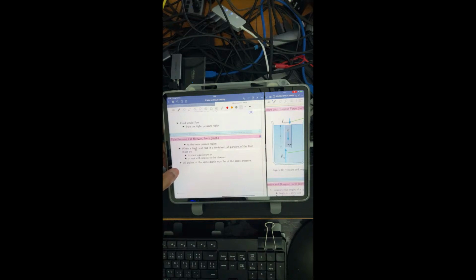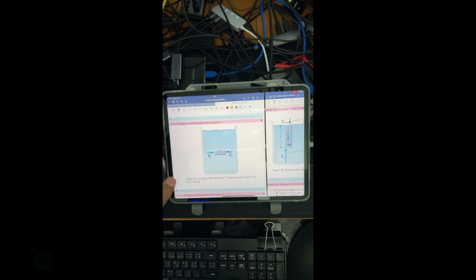When the fluid is at rest in a container, all portions must be in static equilibrium, and all points at the same depth must have the same pressure. In this example, if there is no movement of water at all in the static fluid, force F1 must be equal to force F2, but in the opposite direction.